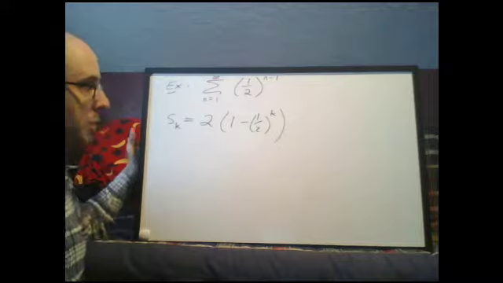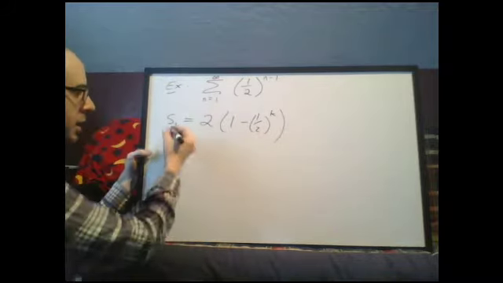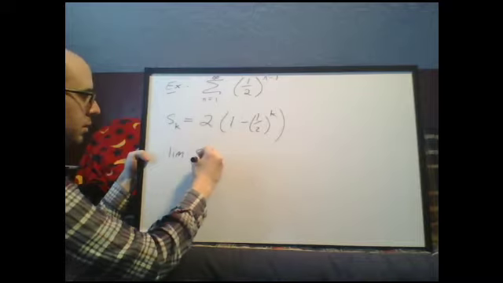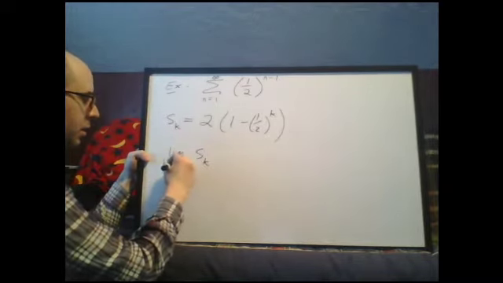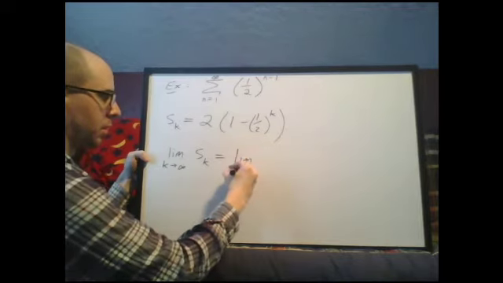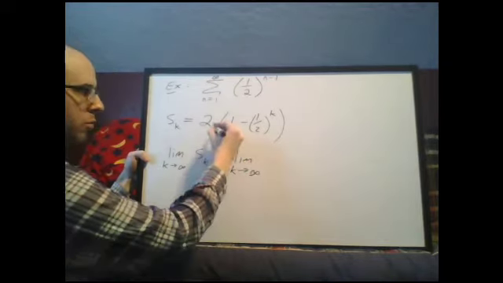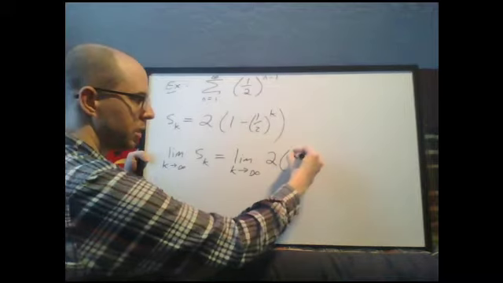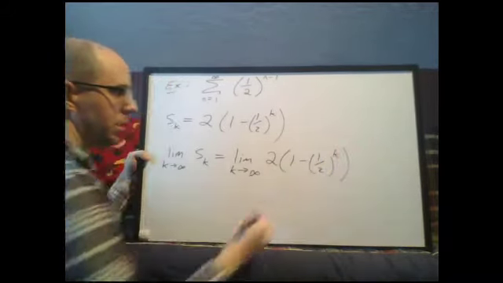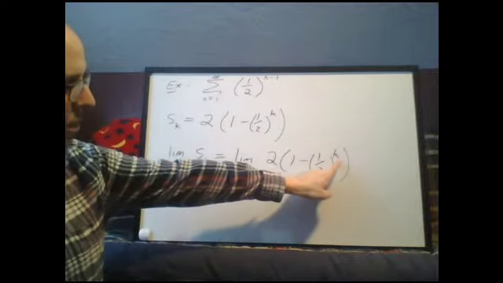So now, to answer the question about our series, I need to take the limit of this as k approaches infinity. The only place k appears is up here in this exponent.